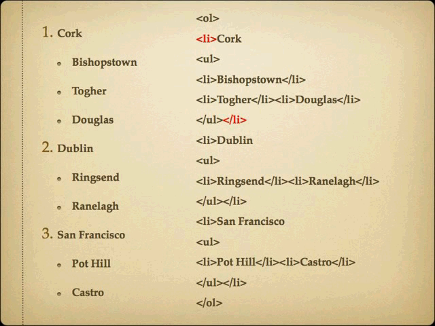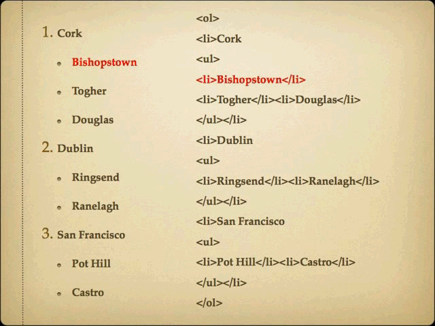However, here's where it starts to get a bit complicated, because as part of Cork we have an unordered list. So we begin that unordered list, and of course that ends before the end of this list item. And then inside that unordered list we have 3 list items.